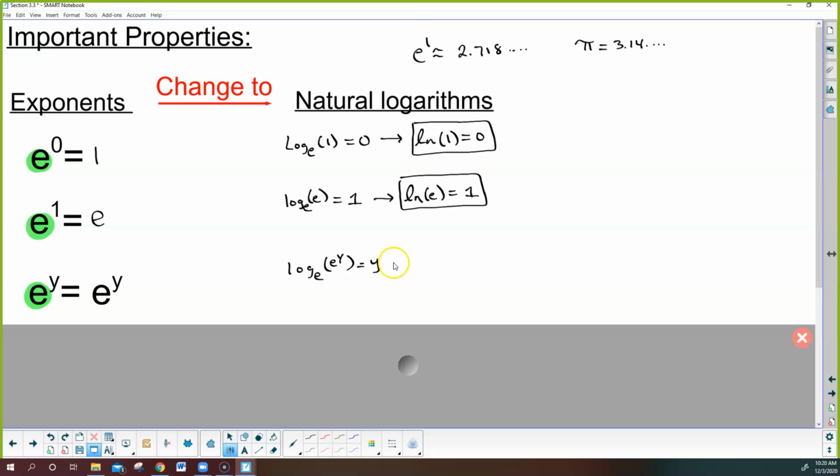That looks kind of weird, but what we know is that this whole log of base e can be written as ln. And we know that the natural log of e to the y is equal to y. This gets to one of the big properties we're going to look at on Monday: a natural log and an e kind of reduce each other out, so all that's left is the exponent y.